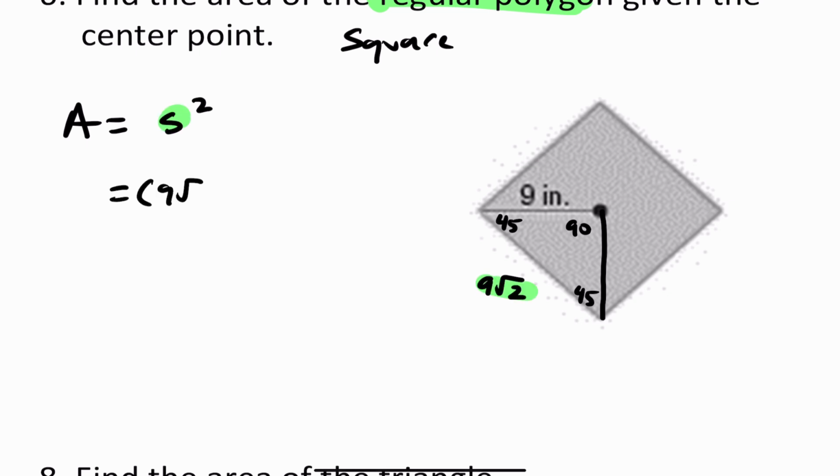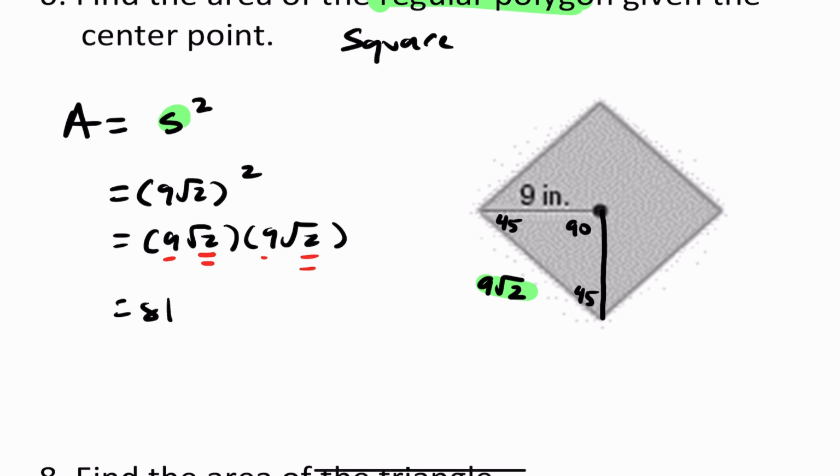So 9 root 2 quantity squared is equal to 9 root 2 times 9 root 2. And remember, we multiply the coefficient to the coefficient and the radicand to the radicand. So we have 9 times 9, which is 81. And then we have the square root of 2 times the square root of 2, which is the square root of 4.